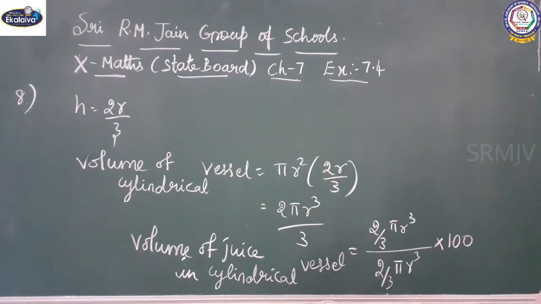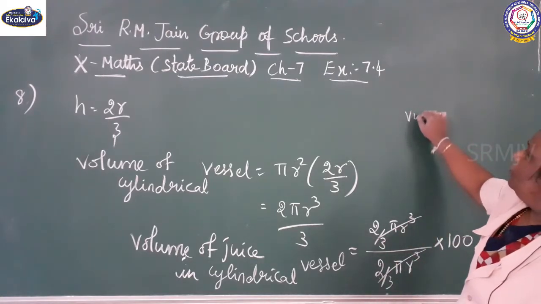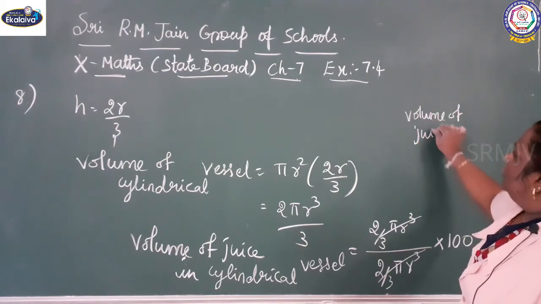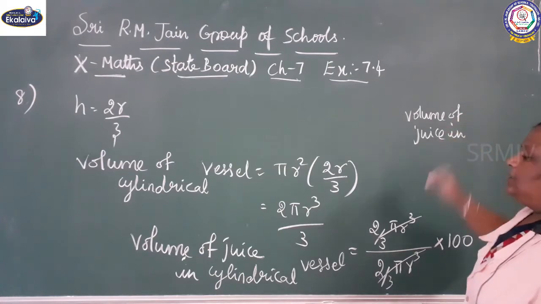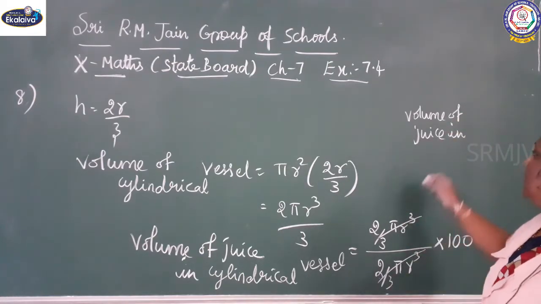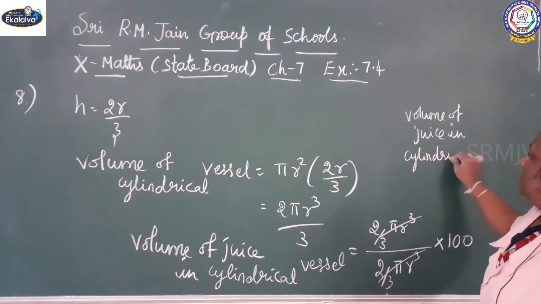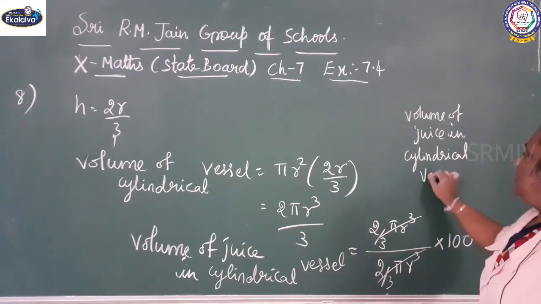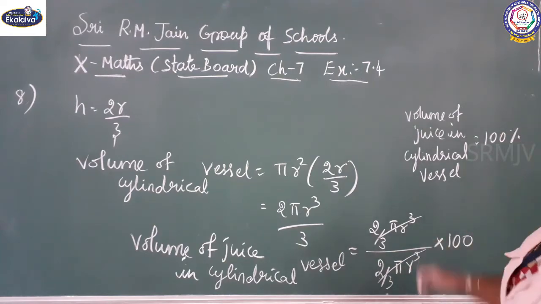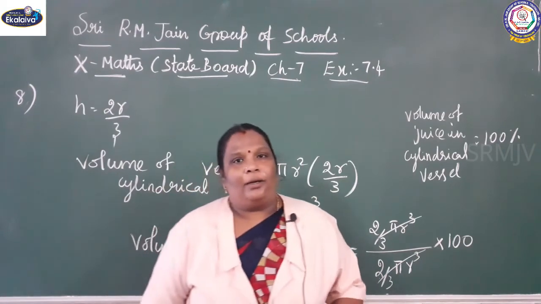That is, you can convert into percentage. So it gives volume of juice in cylindrical vessel equal to 100%, because the radii are same.